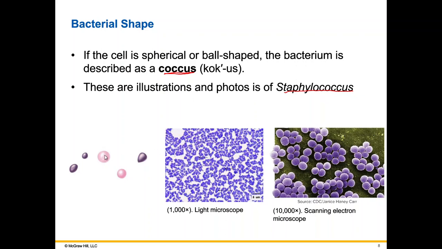But what you're seeing here are various examples of bacteria that would be considered cocci. This is a light microscope image of Staph aureus under the microscope. It almost looks like little grape clusters, all these little individual purple balls. And then we have this colorized image showing you that same image using a scanning electron microscope so we can see it even closer up.